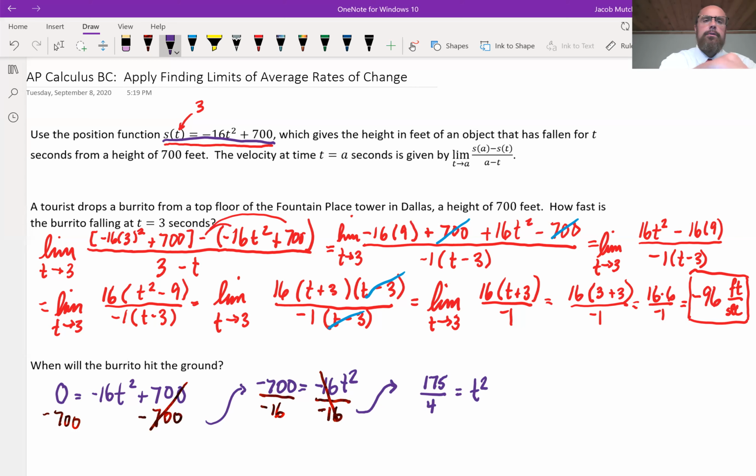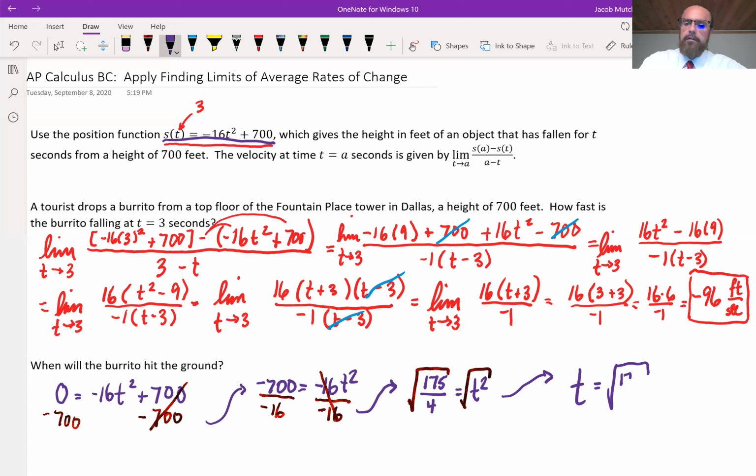And then to solve for just t, I'm going to take the square root. And that is the expression. I'm going to leave that in. The time it takes for the burrito to hit the ground is the square root of 175 over 4 seconds. And I'm going to leave that as an exact answer.